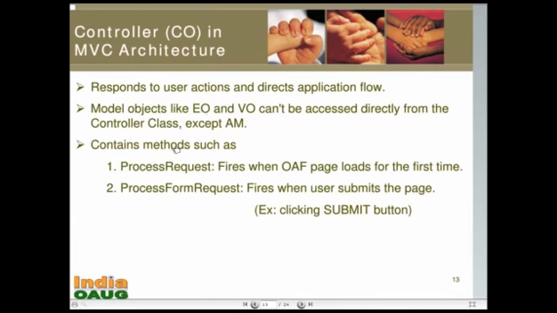And this controller contains two methods, so you can execute your logic in two scenarios. One, when the page is loaded the first time. Another one is when the user clicks the buttons. The processRequest method and the processFormRequest method, these two methods fire automatically. The first one is fired when the page is loaded the first time. The second one is fired when the user clicks the buttons.